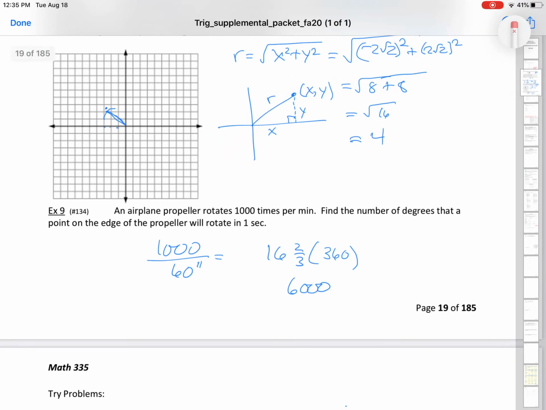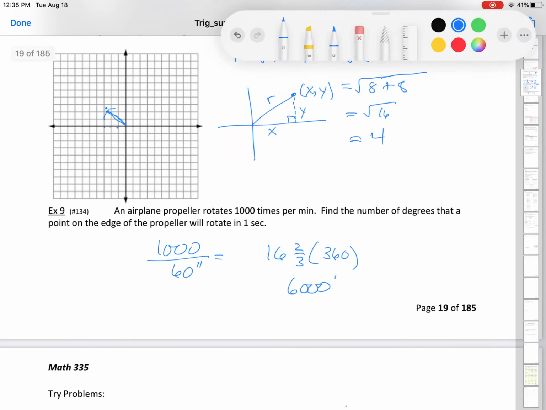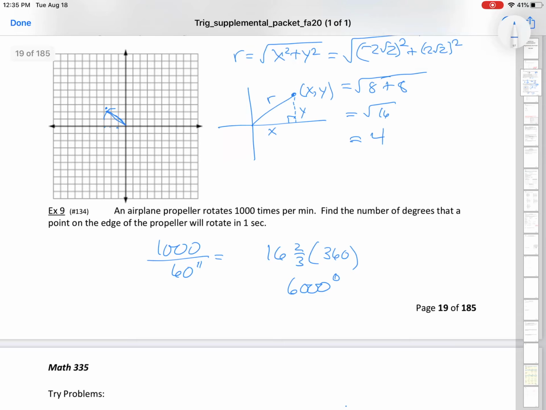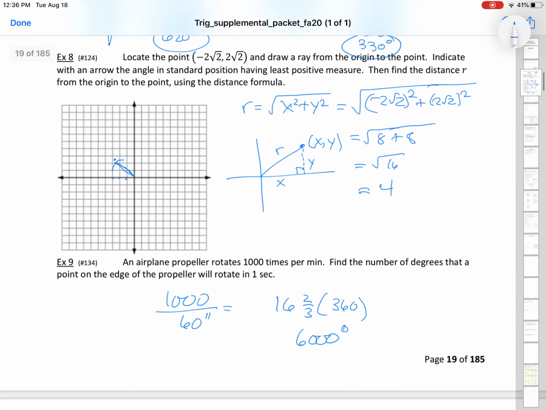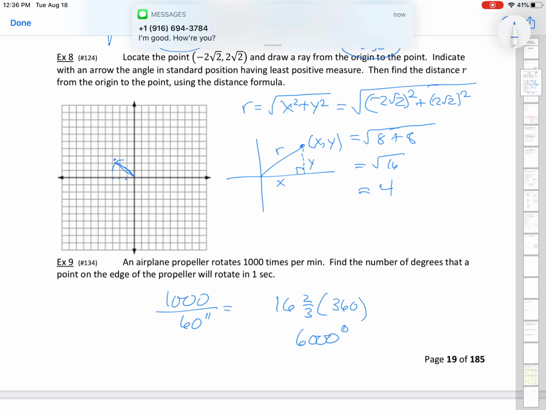It's rotating 6,000 degrees, right? As that happens, 360, 360, 360, and you keep adding 360 16 times. That gets you close to 6,000. 2/3 more will get you exactly to 6,000. Okay, and so that's our 1.1 discussion. Hopefully that makes sense. Here we go.